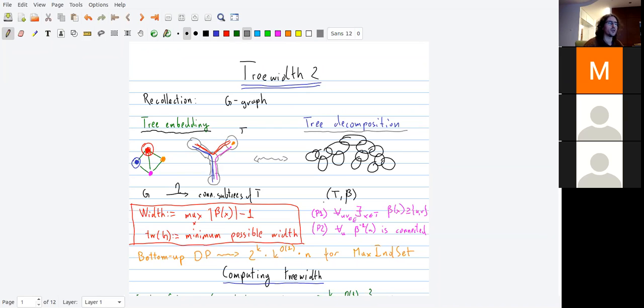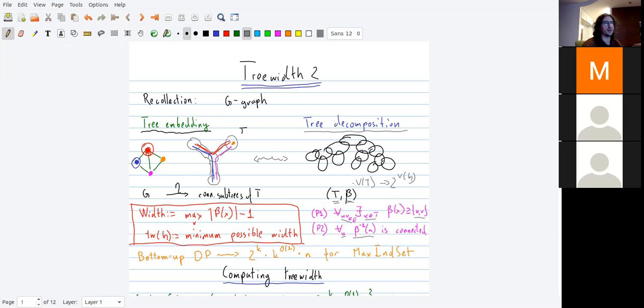So a tree decomposition is a tree together with a bag function that assigns to the nodes of the tree subsets of vertices that are called bags. So the picture is like that, and the idea is that this bag structure should somehow represent the structure of the graph. So for every edge in my graph, there should be a node whose bag contains both the endpoints of the edge, and for every vertex of the graph, whenever I look at all the bags that contain this vertex, they should form a connected subtree of my tree decomposition.